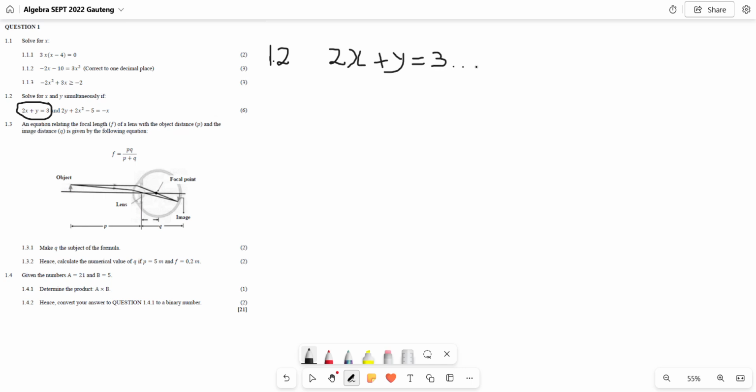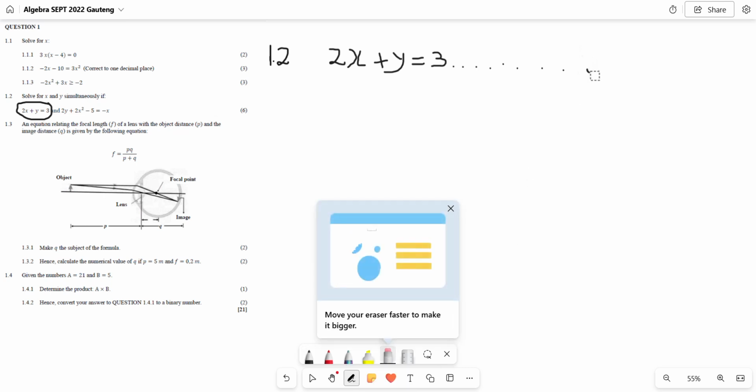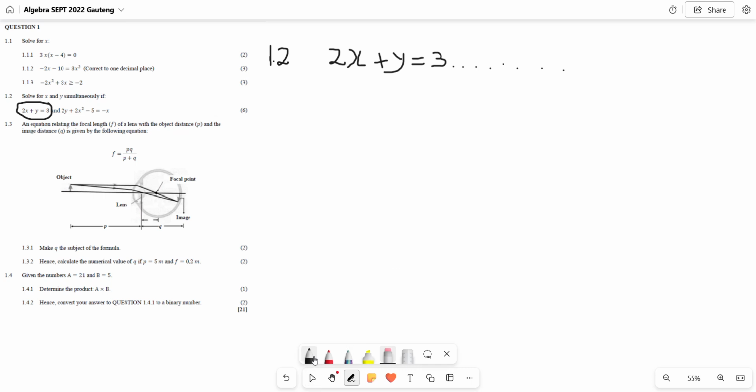Then we are going to say this is equation number 1.